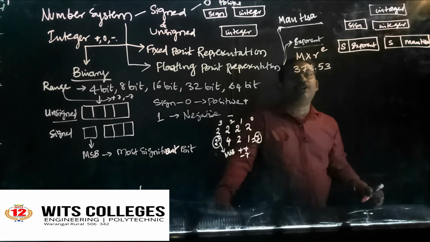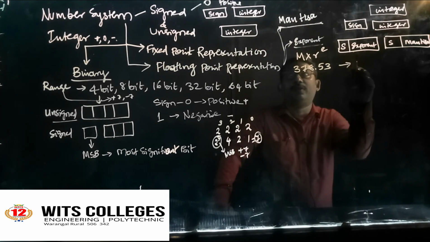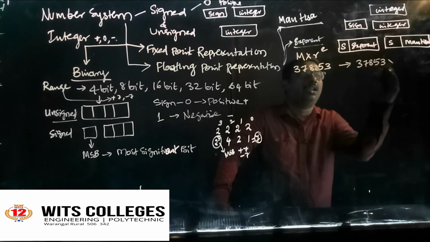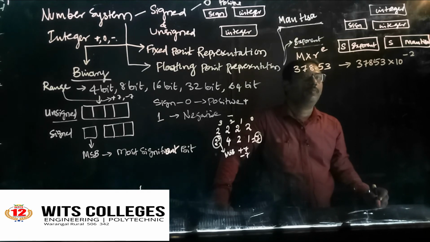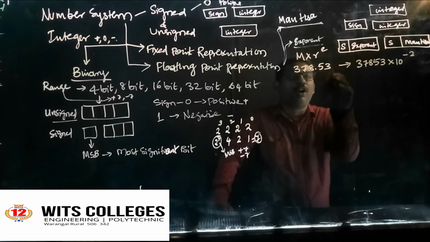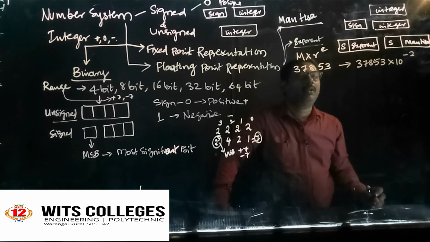This is a positive number, unsigned, and it will be represented in the form of 37853 into 10 to the power of minus 2. That means the point is removed from here and multiplied with 10.